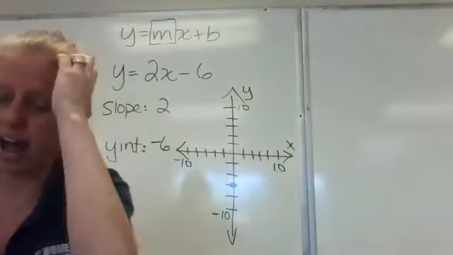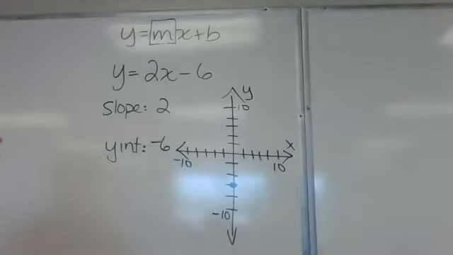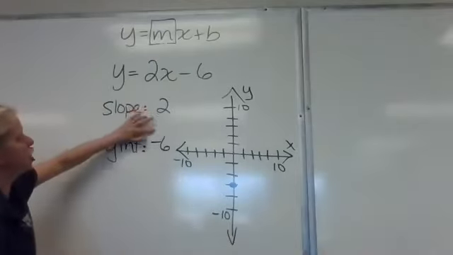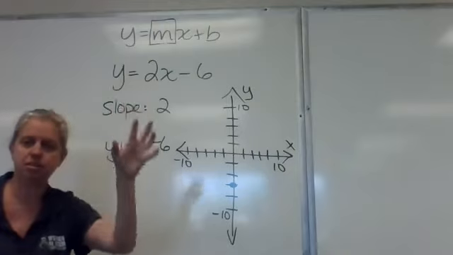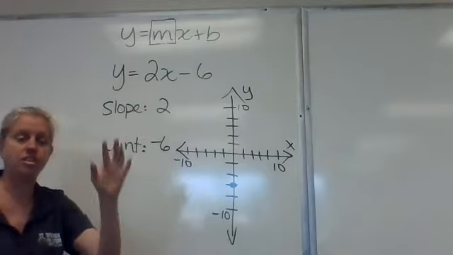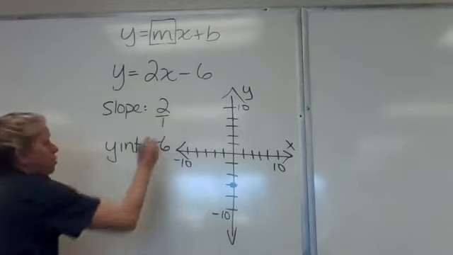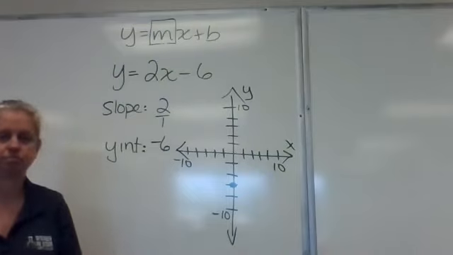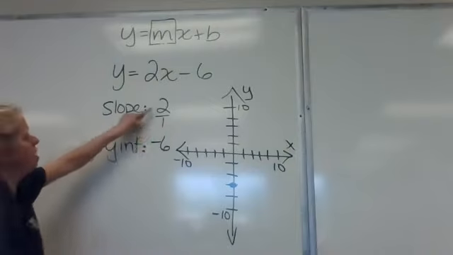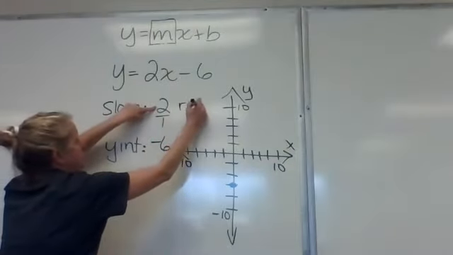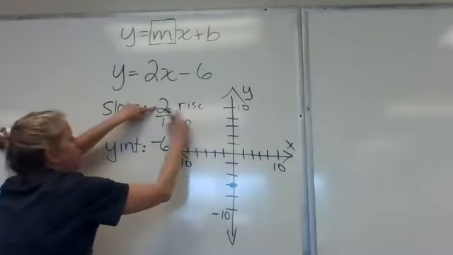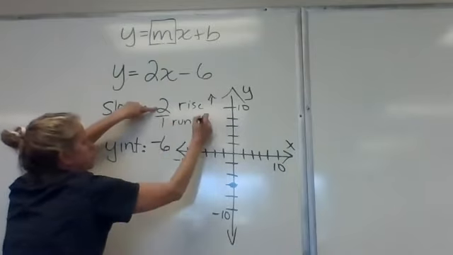But all 3 of these graphs cross through the y-axis at -6. So now let's look at what our slope is telling me to do. Remember, your slope needs to have a top and a bottom. So if it's a whole number, put it over 1. So let's see, 2 over 1. The top number is your rise. The bottom number is your run. So my rise is up 2.